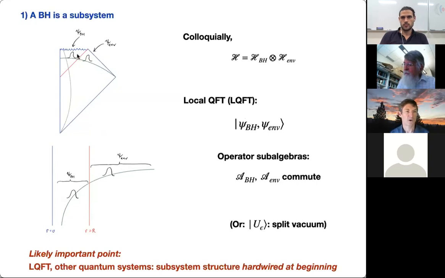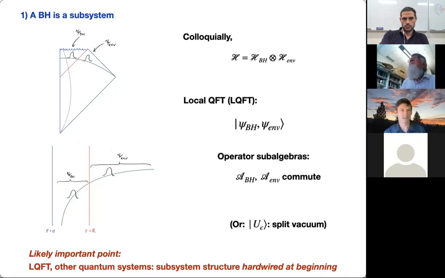And so here I've drawn the classical space-time of a black hole, either a Penrose diagram or an Eddington-Finkelstein diagram. I'll use Eddington-Finkelstein diagrams more typically in this talk. And I've shown a slice through that geometry in the two pictures.